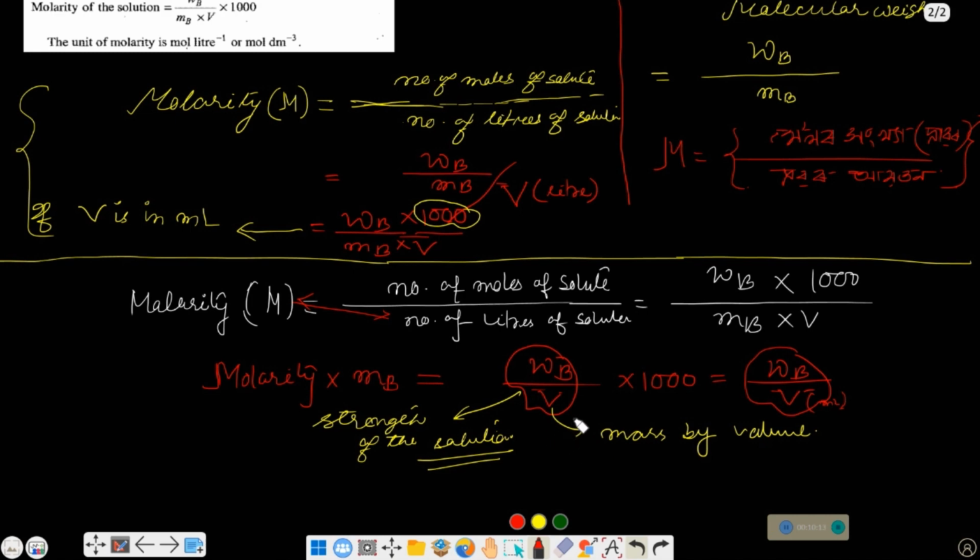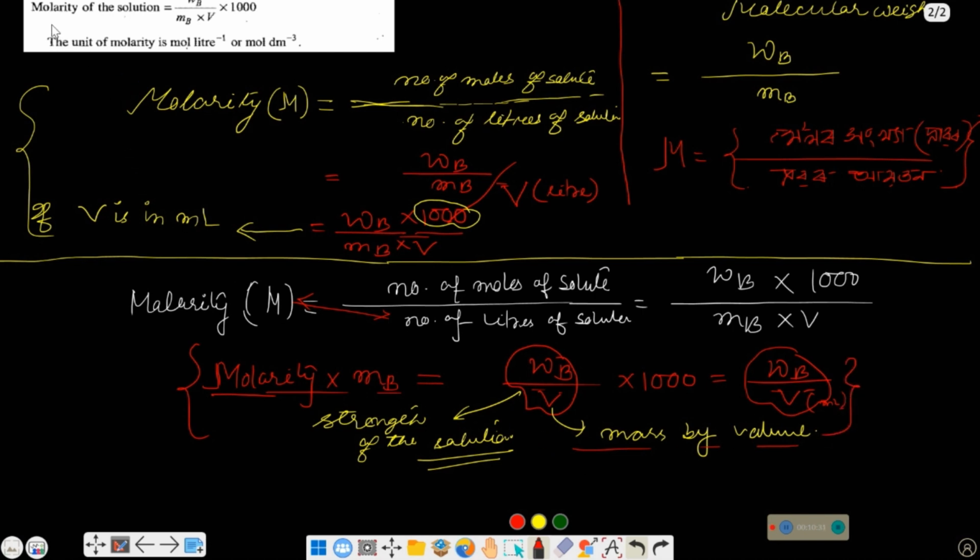This is the mass by volume, called the strength of the solution. So we can relate molarity with the strength of the solution and mass by volume by this relation.